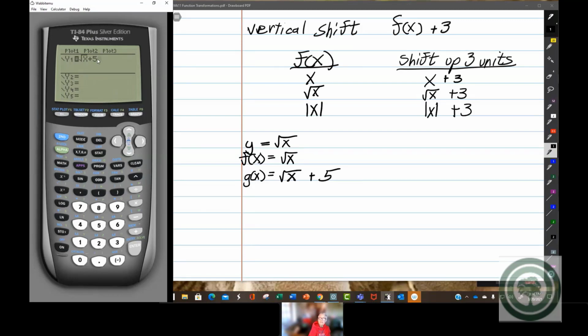Do you see how the plus 5 is not under the square root radical? And there it is up there. I moved it up 5 units. And we can do the same thing for down.